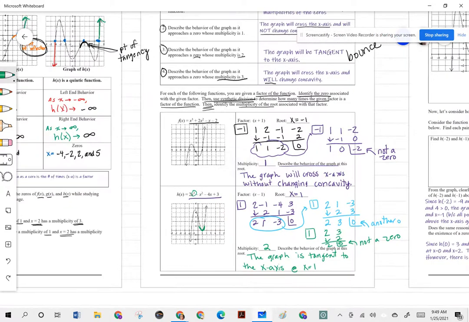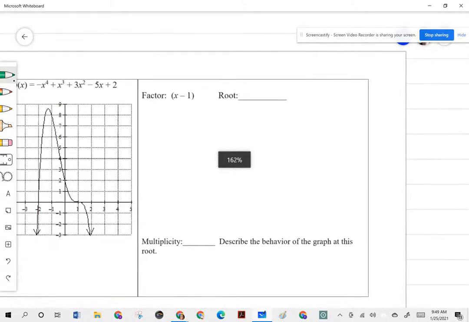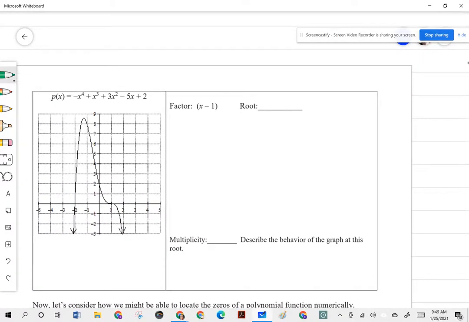Okay, now let's take a look at this one right here. We've got a root at x equals 1. So let's go ahead and try this. It's in standard form. So we've got -1, 1, 3, -5, and 2.